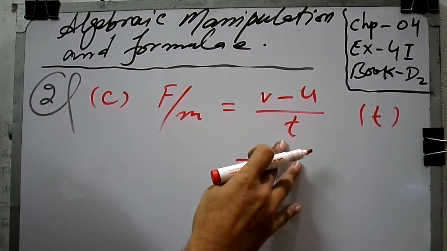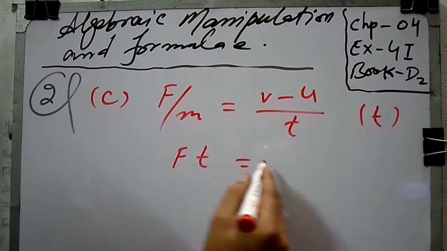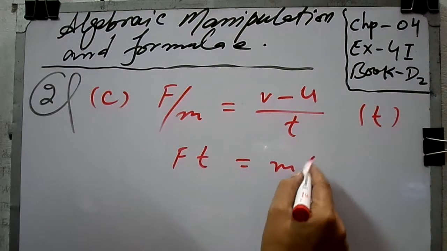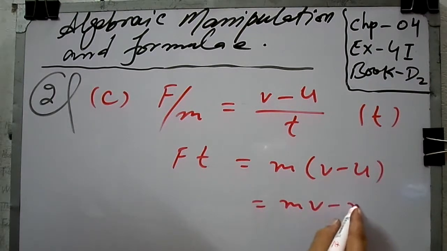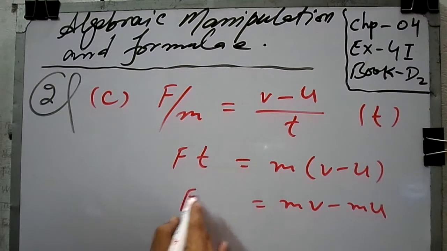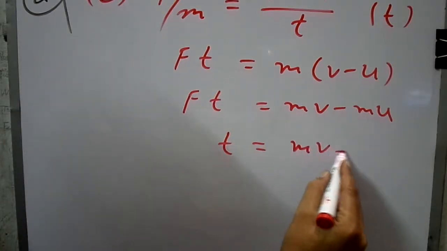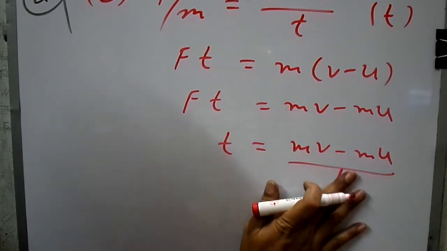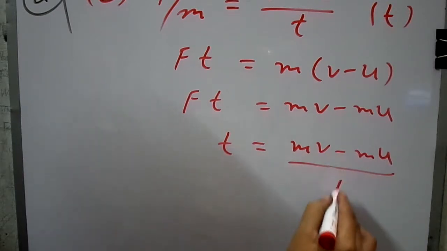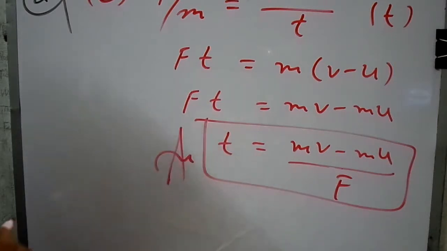First of all, by using cross multiplication, you will get Ft is equal to m into v minus u. Multiply it: mv minus mu is your Ft. You need the value of t, so divide by F. So mv minus mu divided by F is your subject.